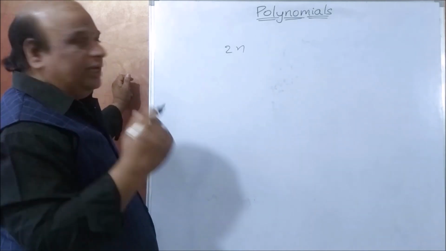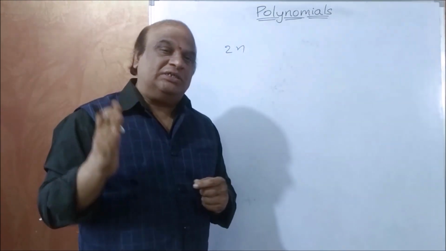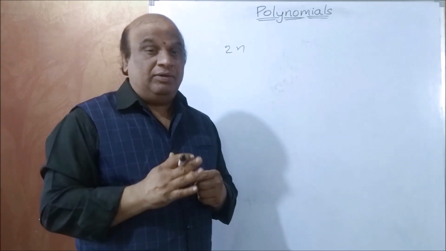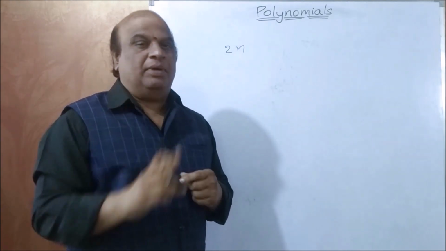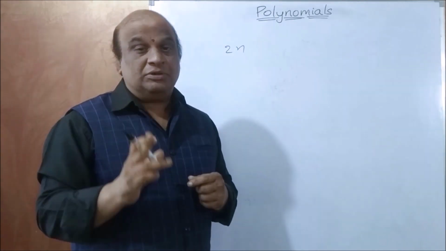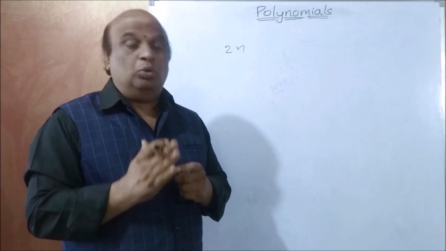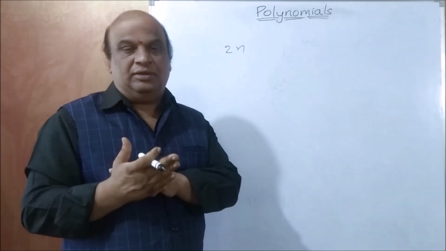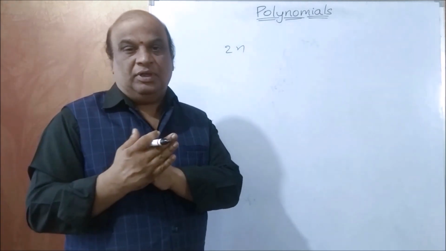Why? Here we know that 2, 4, 6, 8, 10, all these are even numbers. But one more thing, the multiples of 2 are even numbers. Remember this: multiples of 2 are even numbers. Multiples of 2 means how we can show 2 into something. 2 into something is called a multiple of 2.